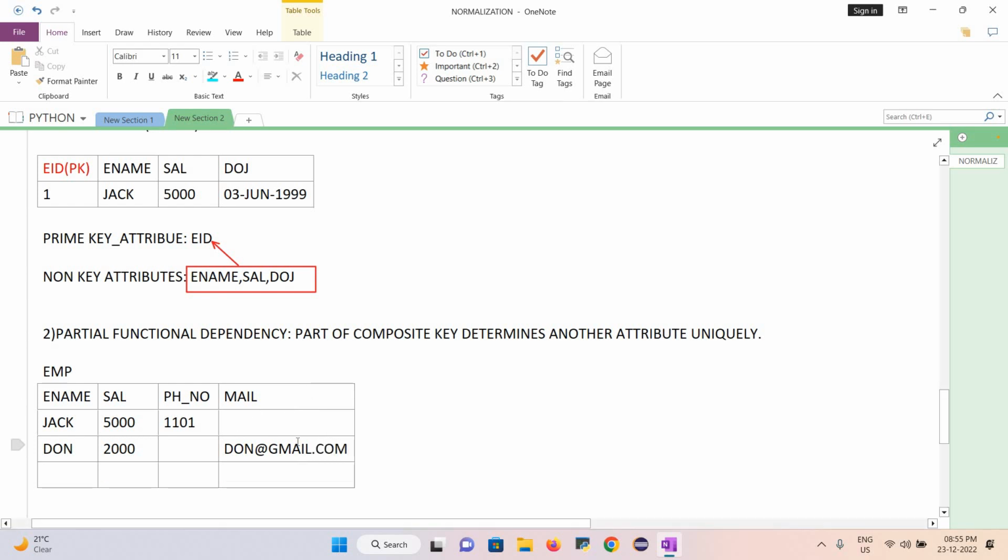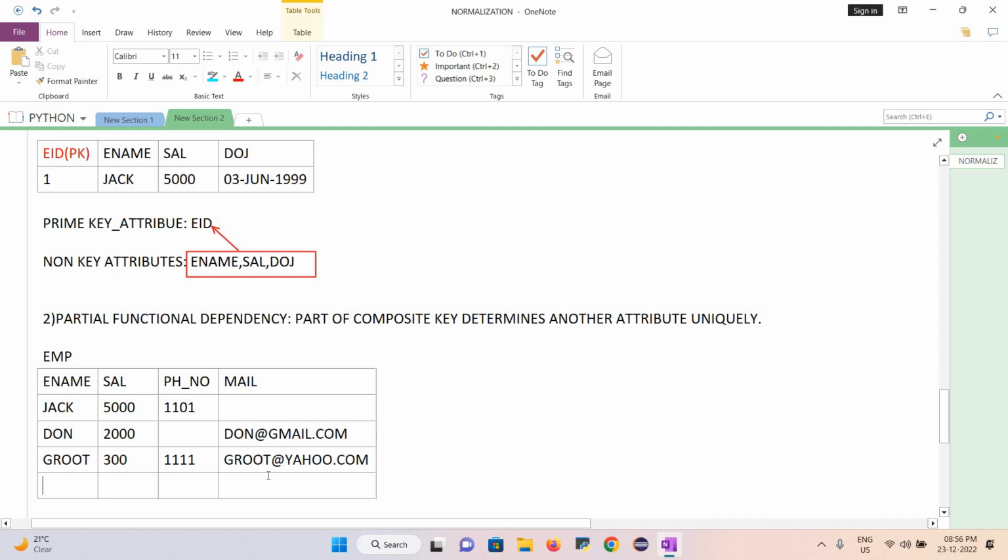Let me create one more, Groot. The person Groot earns 3,000 rupees and also has a phone number, and Groot also has an email address at yahoo.com.